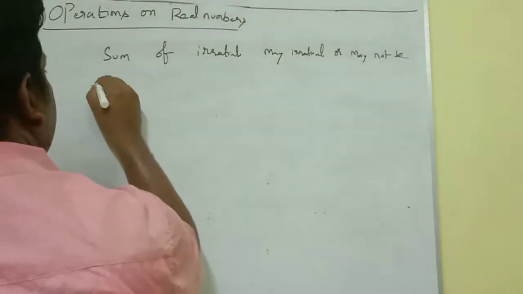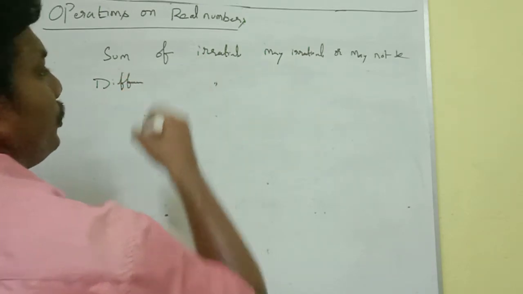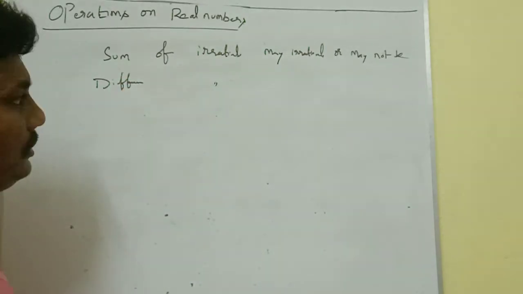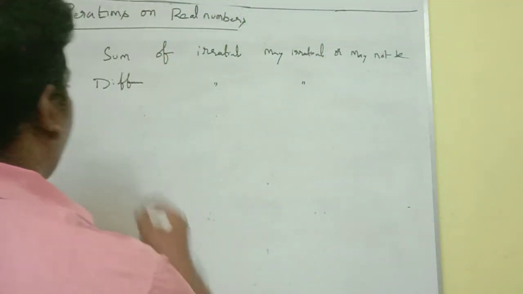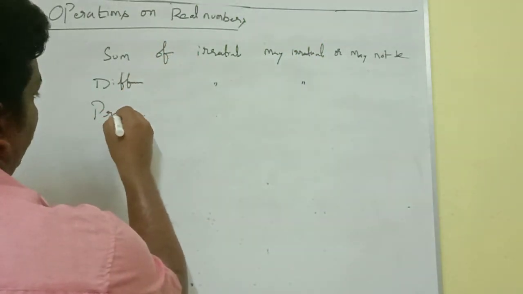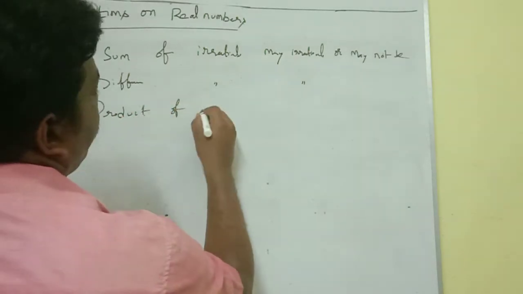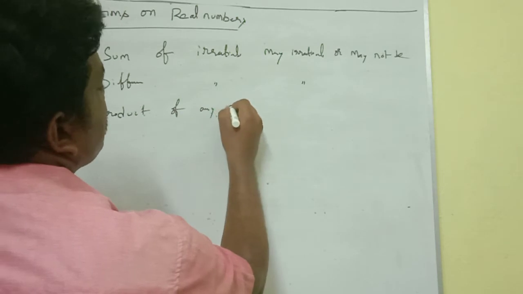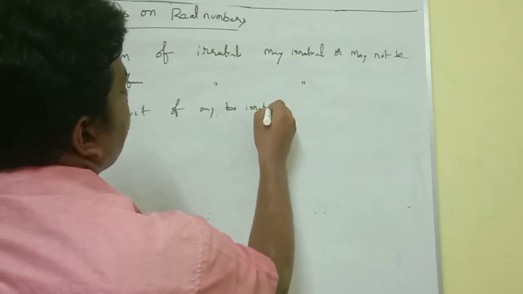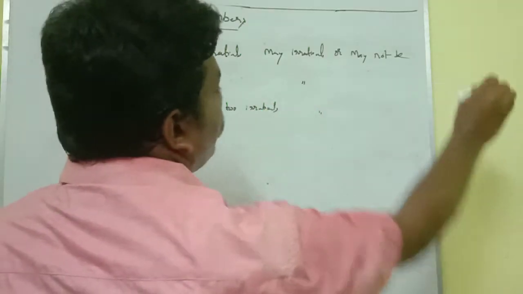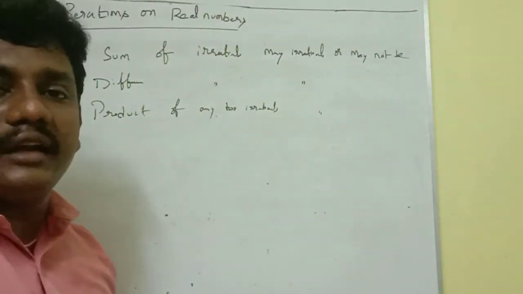The difference of any two irrational numbers may also be irrational or may not be irrational. Coming to the product, now our topic is this one. The product of any two irrationals also may be irrational or may not be irrational, and the same holds for the quotient.